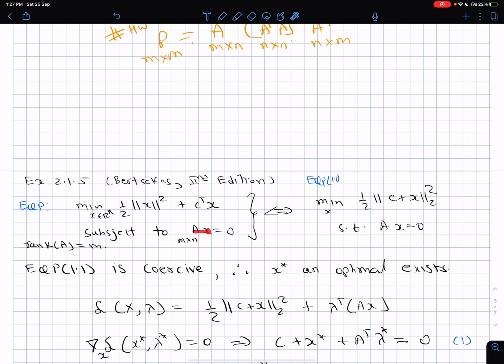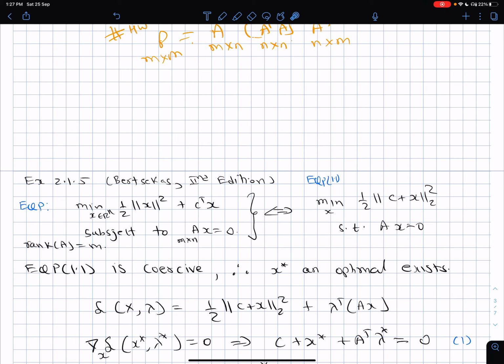See, if the problem was unconstrained, and this constraint was not there, then the minus c vector would have set the objective function to 0. This equivalent problem tells you that if this constraint was not there, then x equal to minus c is the unique global minimum of this unconstrained optimization problem.